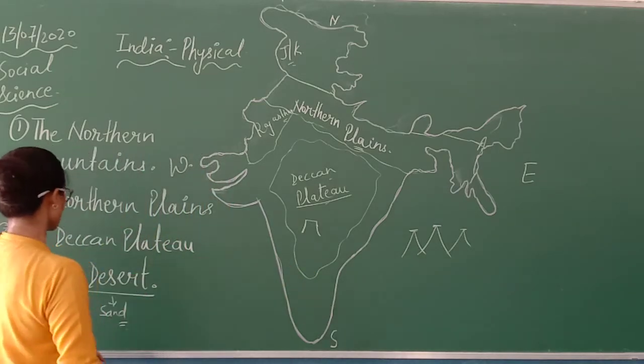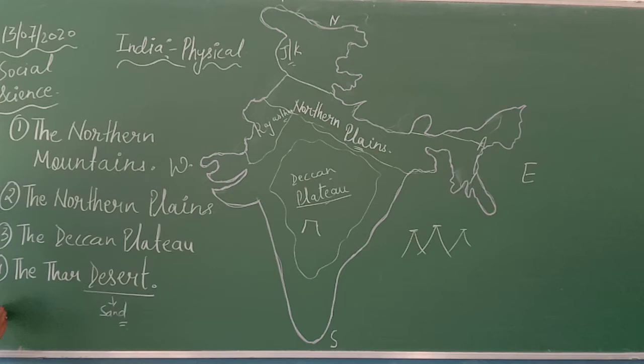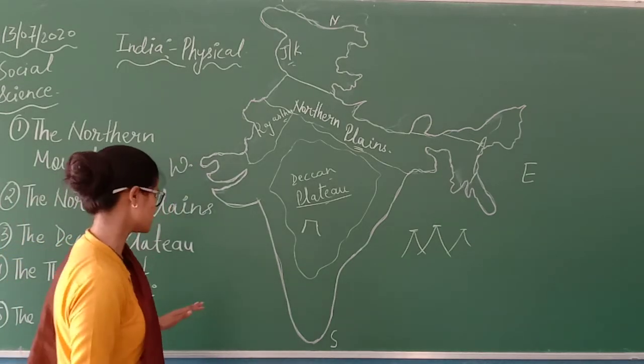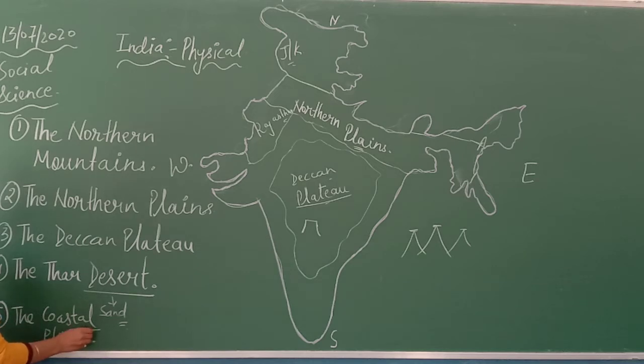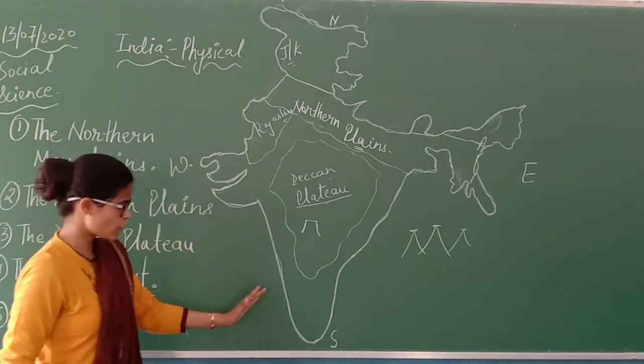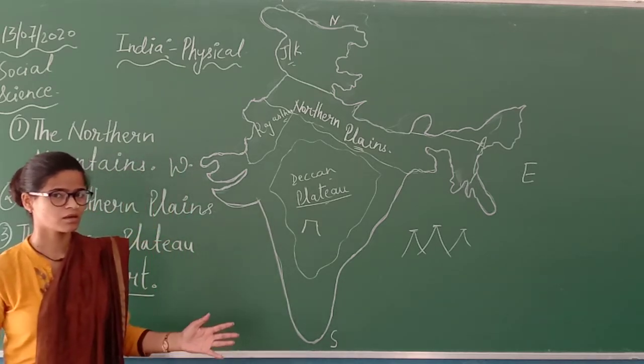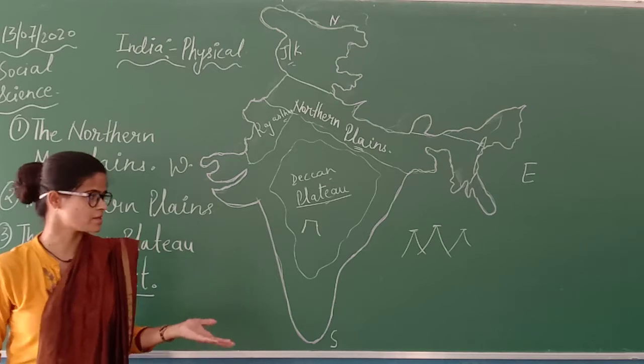Now the fifth one is the coastal plains. Now this coastal plain is, my dear students, as coastal means होता है किनारा. If you are looking into this map, you will be able to understand where the coastal lines are.